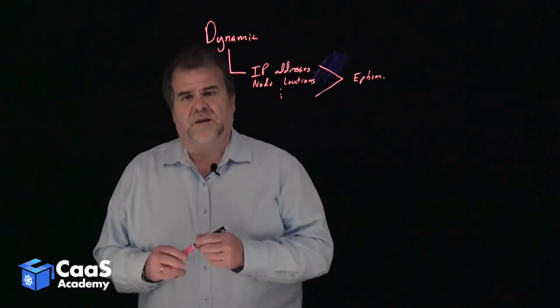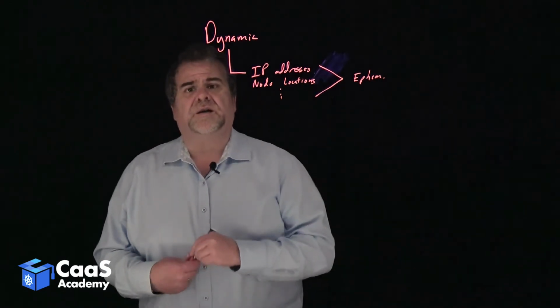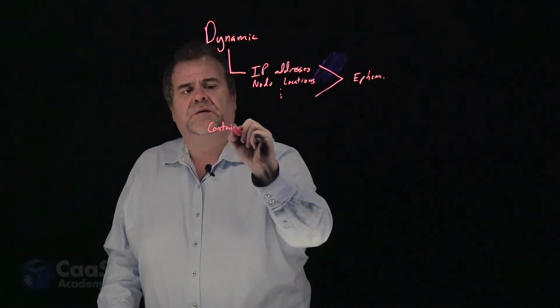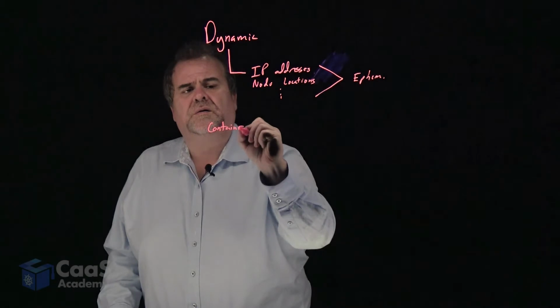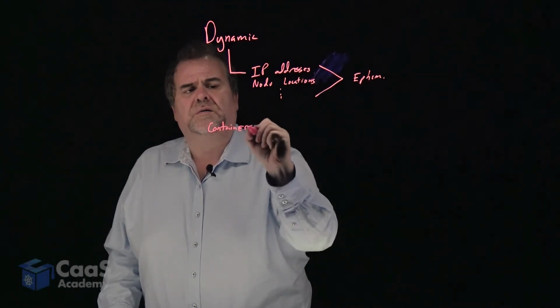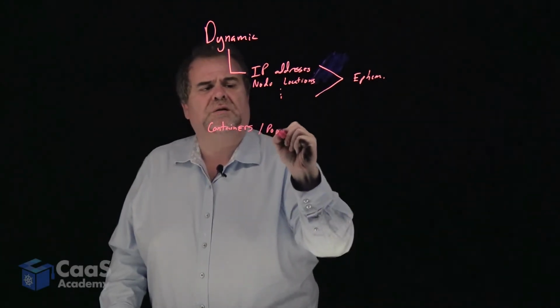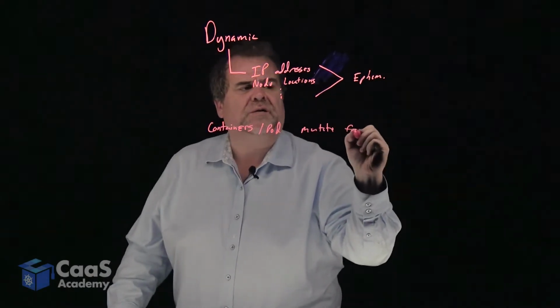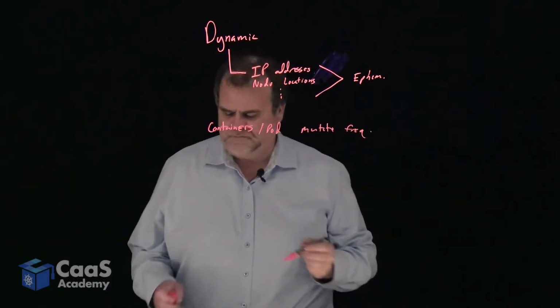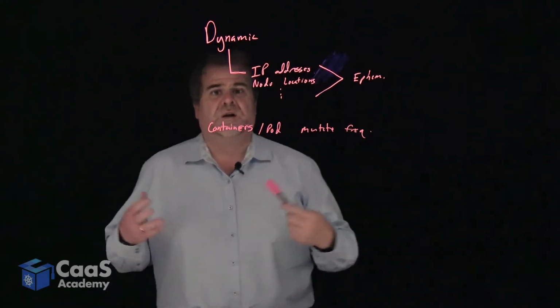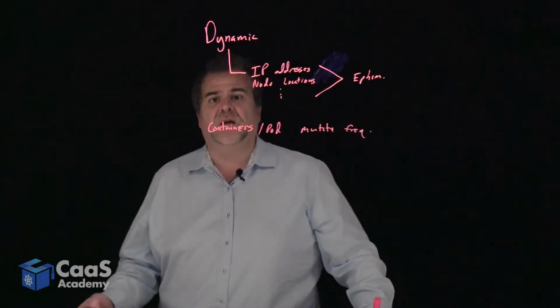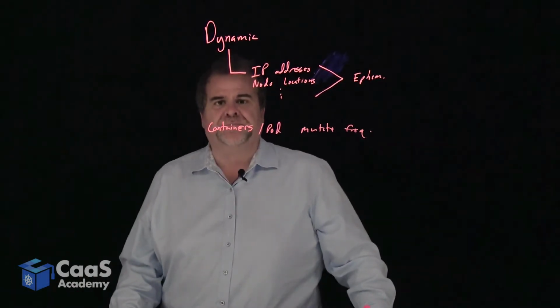The other thing we have to deal with is that containers and pods mutate frequently. So just because two pods are both Postgres pods does not mean that they are the same thing.